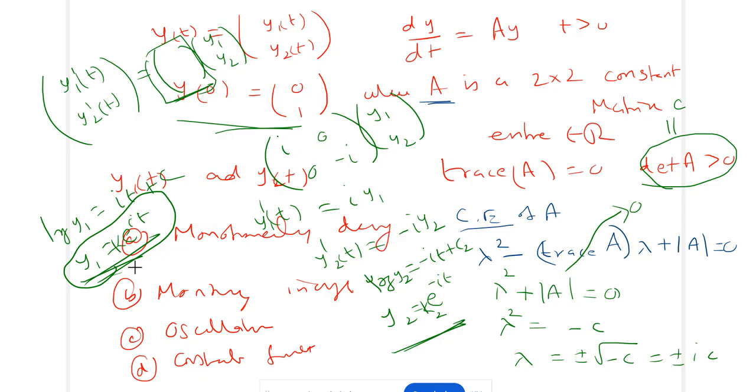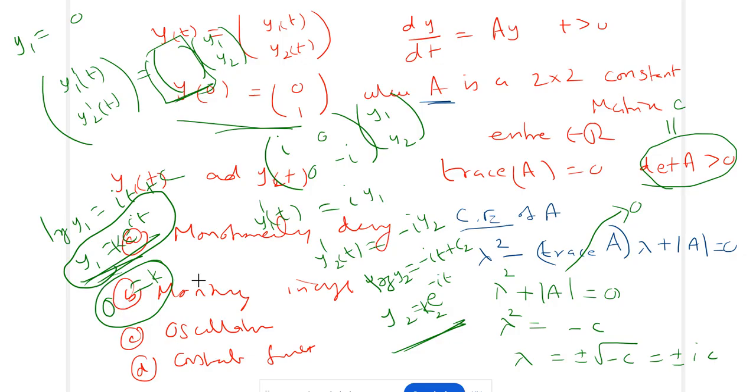So then what about the nature? This is y of 0. That is y1 of 0 equal to 0. With y1 equal to 0 and t equal to 0, k equal to 0. So then we get y1 equal to 0. e power 0 value is 1.